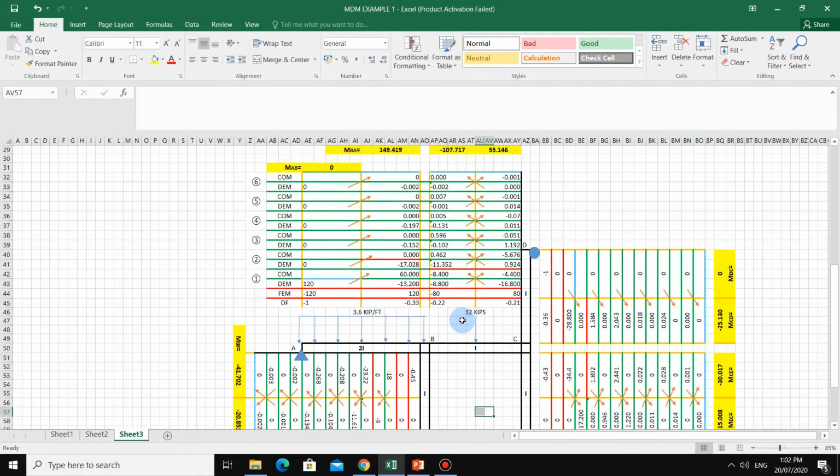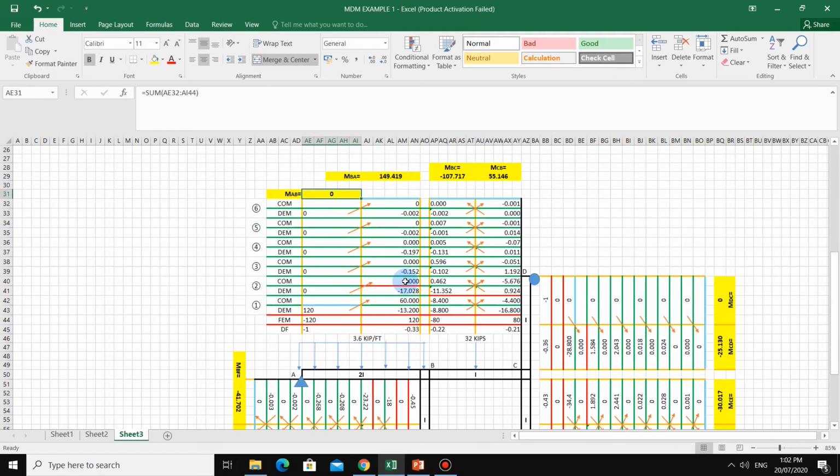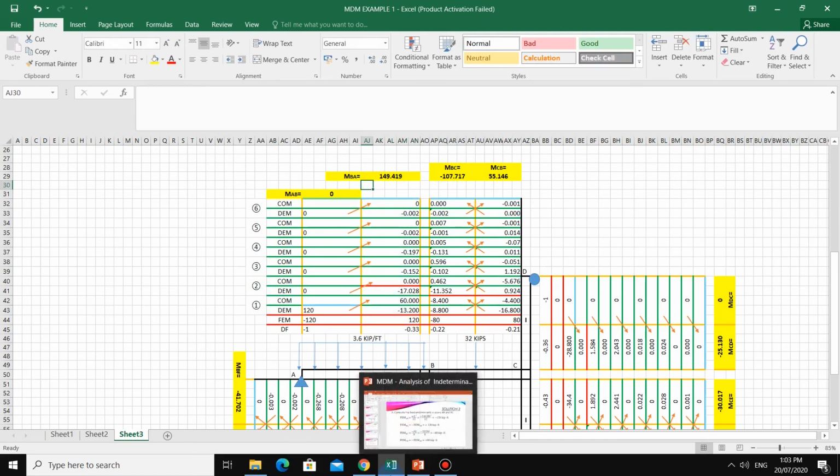Then after nato ilak, then add all the moments, no, from FEM padulong sa tanan cycle. So expect na nato lang AB guys na 0 gina siya. Then for BA, so from 120 to 0, no, add na tanan. So ato nakuha guys is positive 149.419 ang moment for BA.